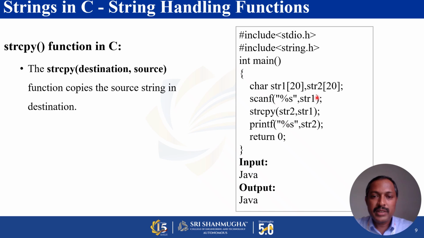Here we get only one input, str1, which is stored in str1. strcpy of str2 comma str1, so the content of str1 is copied into str2. Now we try to print str2. Initially we have not stored any value in str2; the value is stored only in str1. From str1 it is copied into str2. Then we print str2, and we get the output Java.